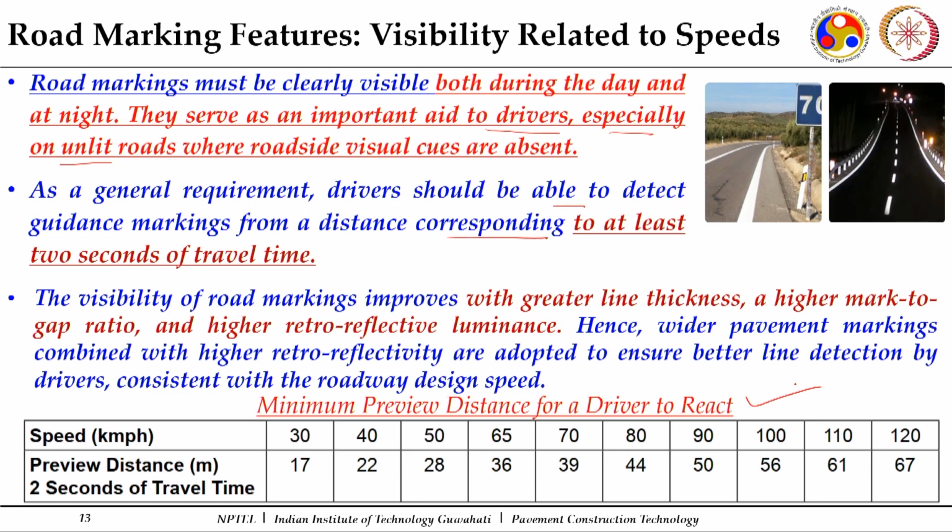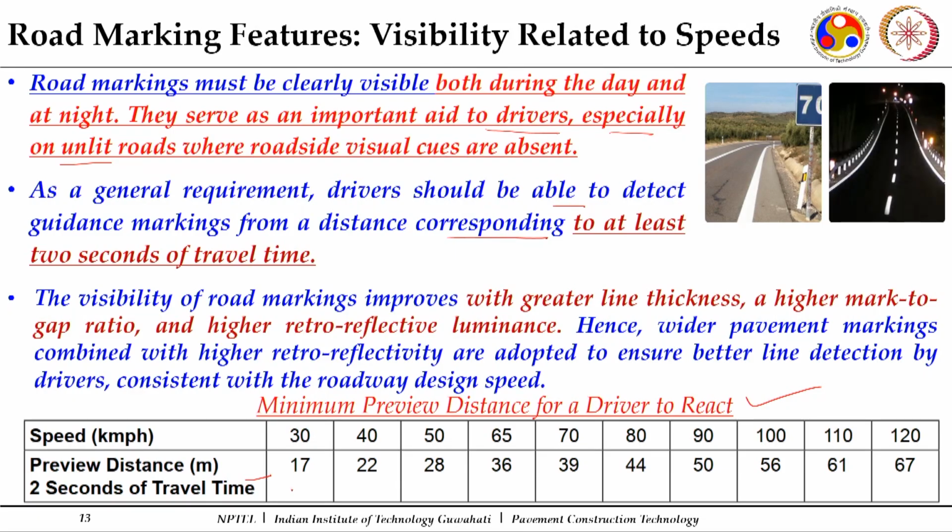Here it says that if the design speed is, say, typically 100 km/h, the preview distance considering 2 seconds of travel time is around 56 meters. So this much ahead it should be visible to the driver.